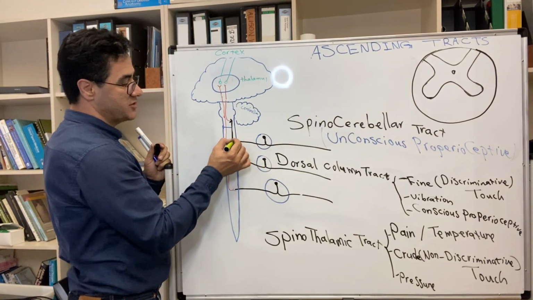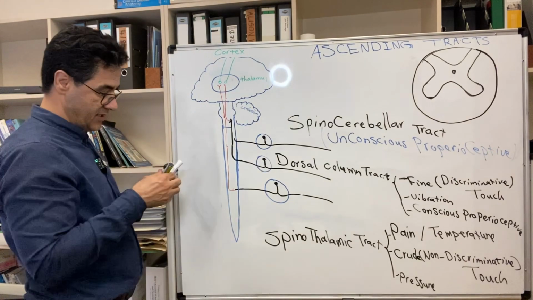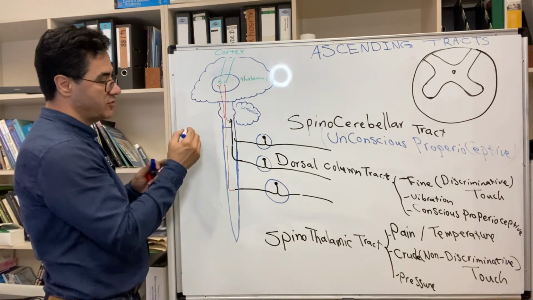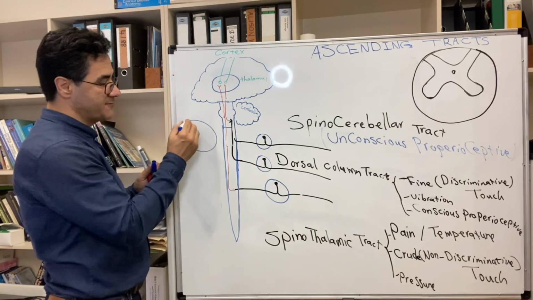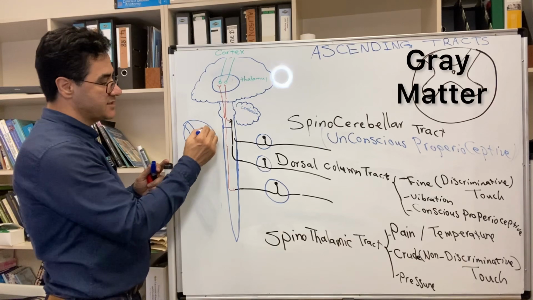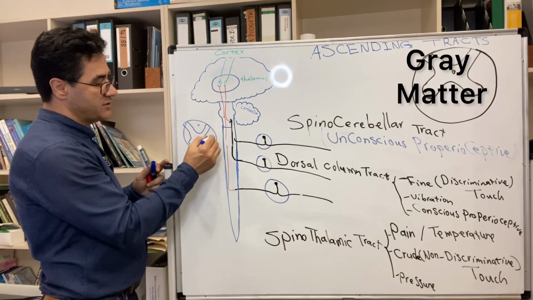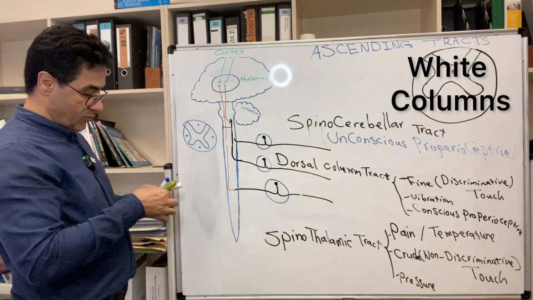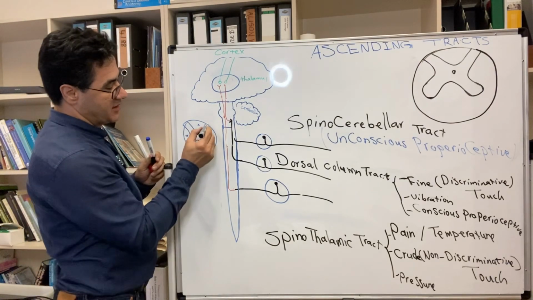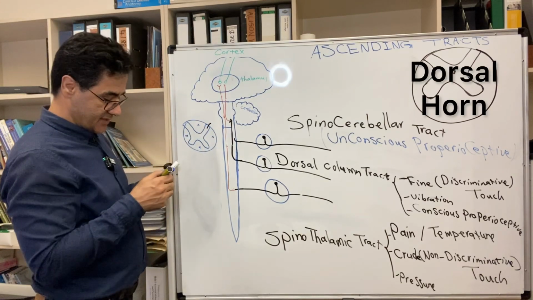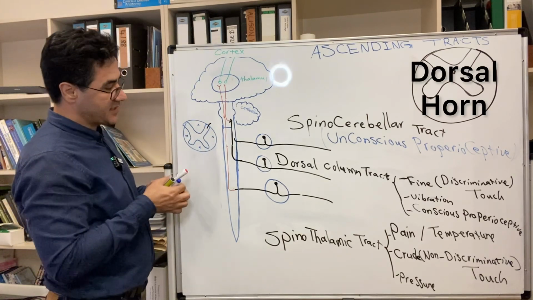When it's getting into the spinal cord, what will happen? Imagine that you take a cross section through the spinal cord, you can find it like this. We have a butterfly-shaped gray matter at the center, which is surrounded by white columns. So when it gets into the dorsal column, it synapses onto the second order neuron.